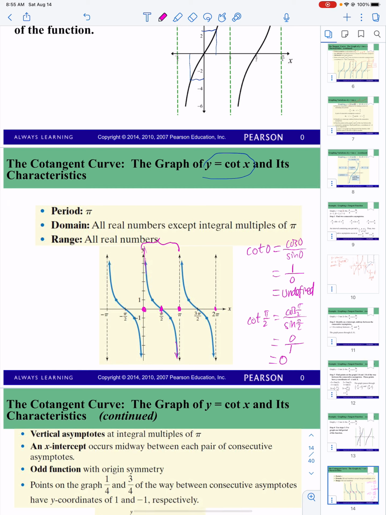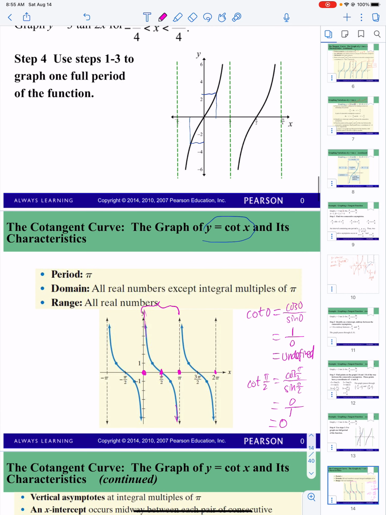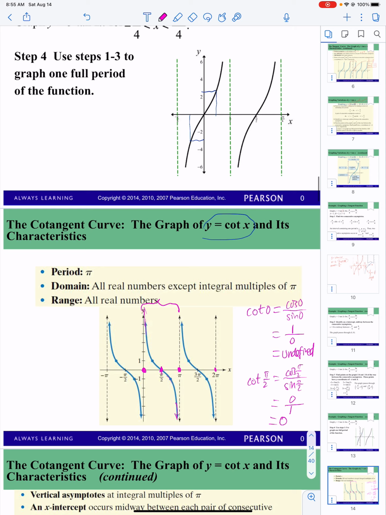This is one of the things that you can use to differentiate tangent from cotangent. For tangent, it goes through 0 and goes up. For cotangent, it does not go through 0, so it's from 0 to pi, and it's decreasing. And this one is increasing here. In this interval, you cannot say that tangent x is increasing on the whole thing, because it does not.